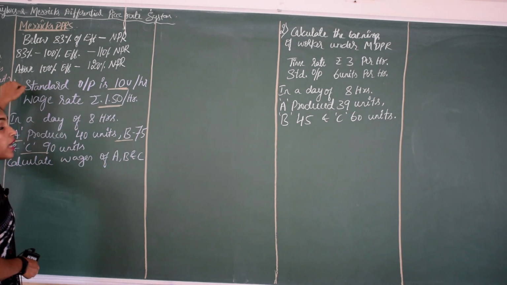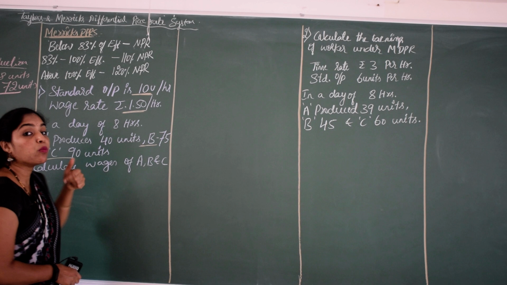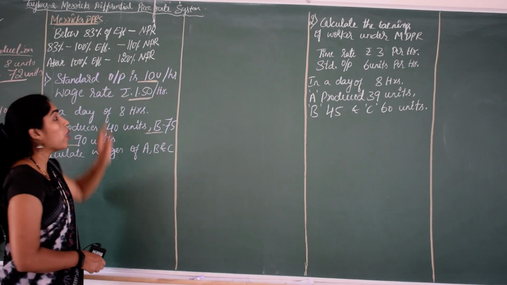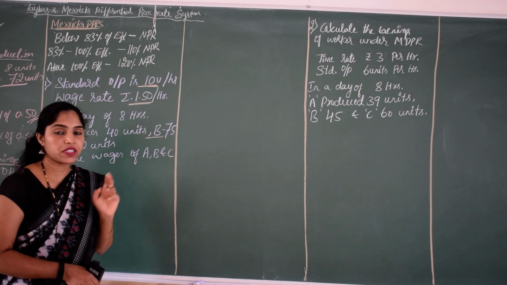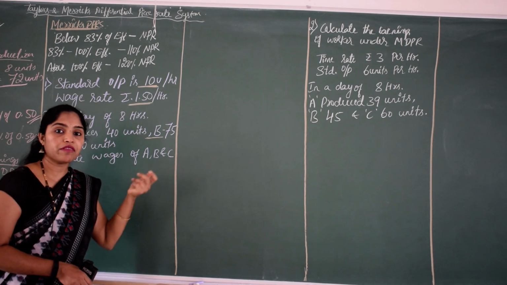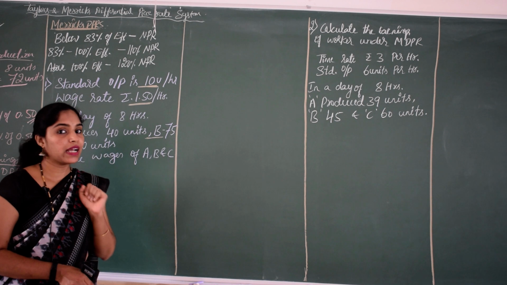And if the worker's efficiency is more than 100%, then those employees are going to get 120% of the normal piece rate. So the normal piece rate is fixed by the organization, but here each employee is going to get different piece rates based on their level of performance and efficiency.